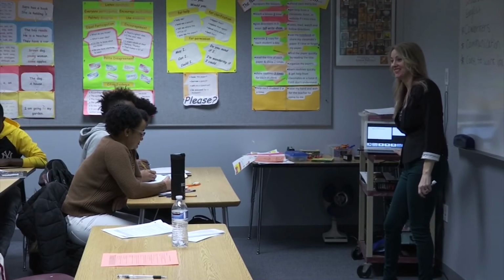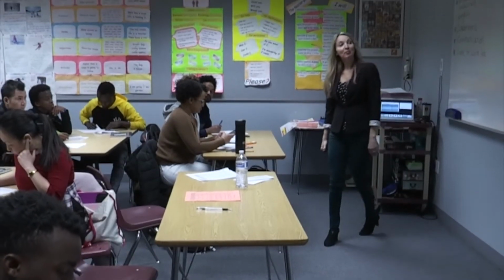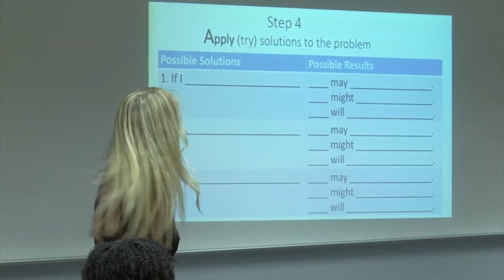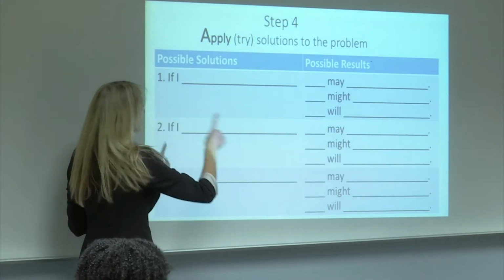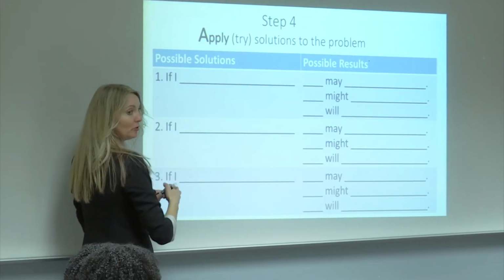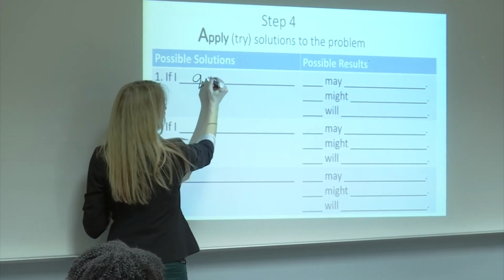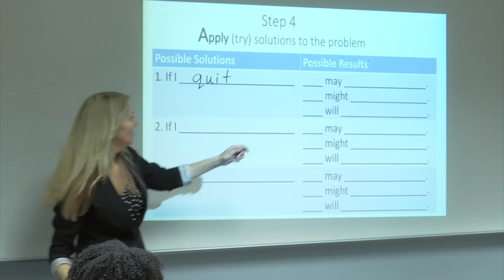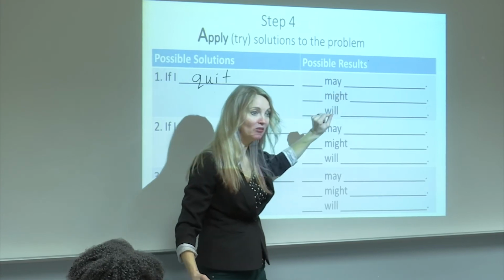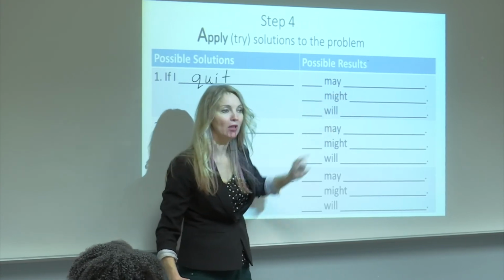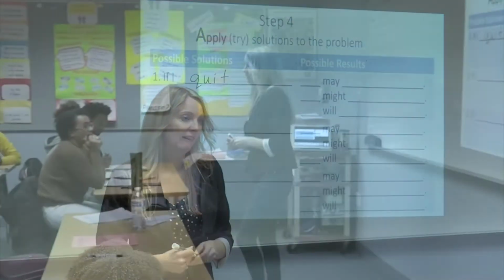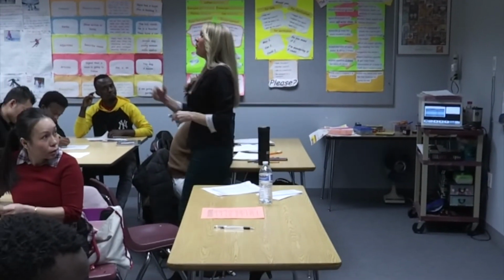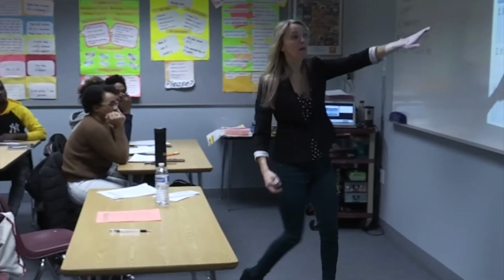Step 4. Apply the solutions. Okay. So apply or try the solution. Now, if I do what Abdiaziz said, what did he say? If I quit, what may happen or might happen or will happen? I never know. Okay, so what may happen?